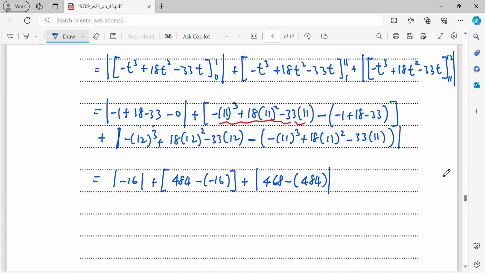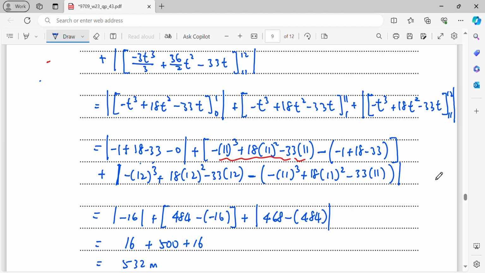Okay, with the modulus, here I will be getting 16. The second term you will get 500. Then the last term, after the modulus, is basically positive 16. So at last, totaling all these three values, you will be getting 532 meters. So this is the total distance.